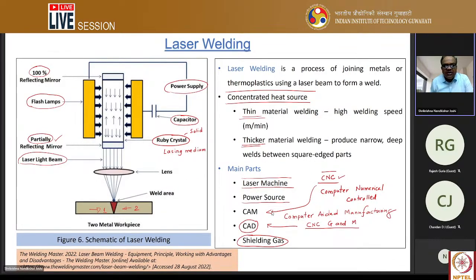Then we started applying lasers for joining two similar or dissimilar materials. So joining two dissimilar materials is the biggest advantage in laser welding. It's the biggest application, or you can say the gift given to us by laser welding.